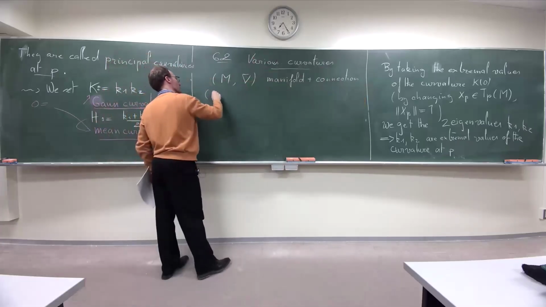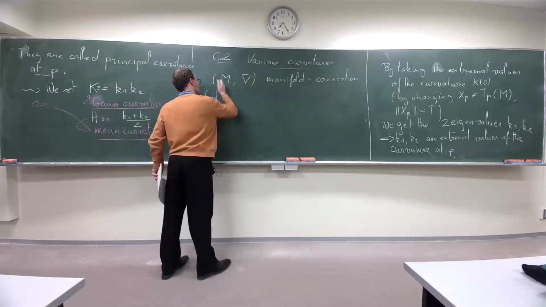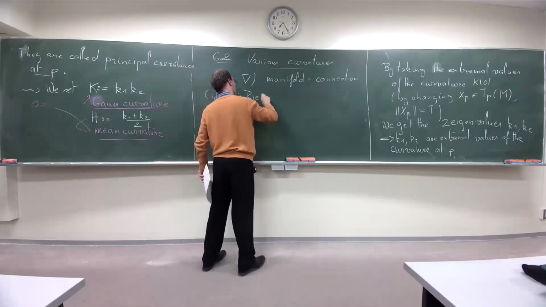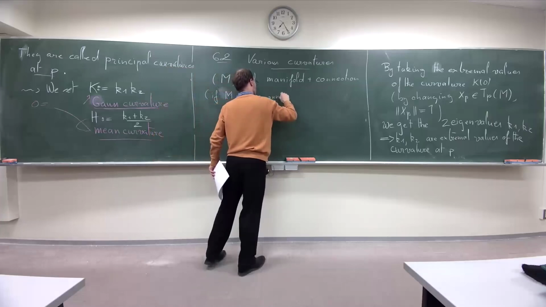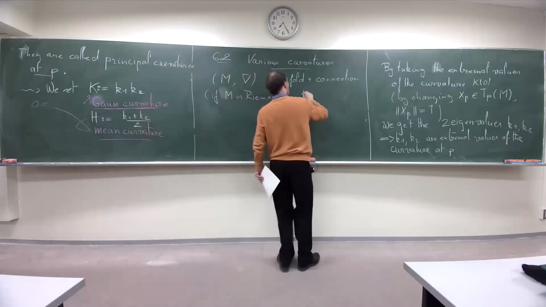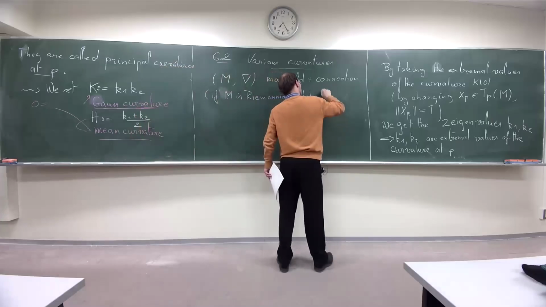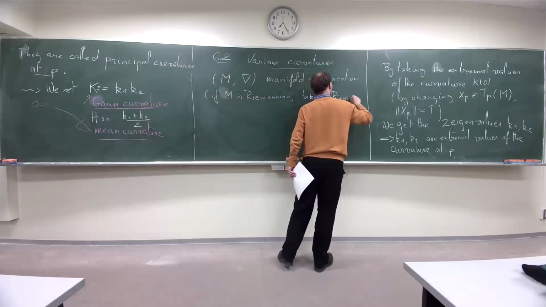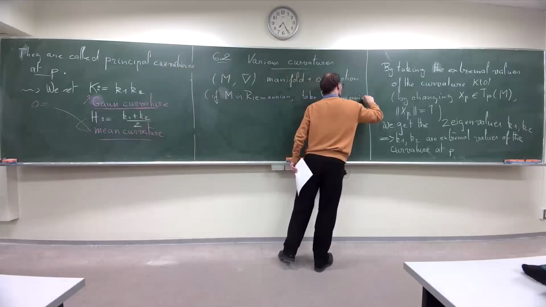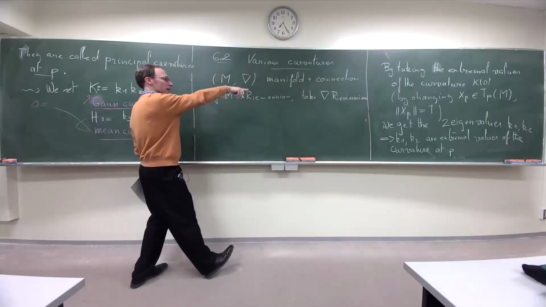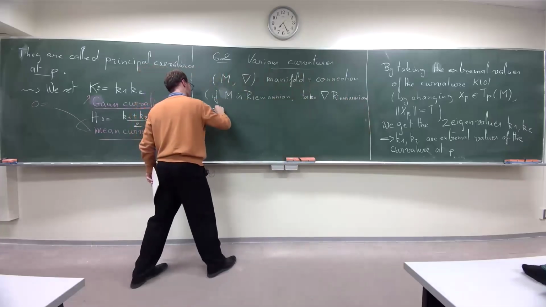And by the way, if M is Riemannian, almost everybody takes this Riemannian connection, because we know that there is only one which satisfies two special properties we have seen.